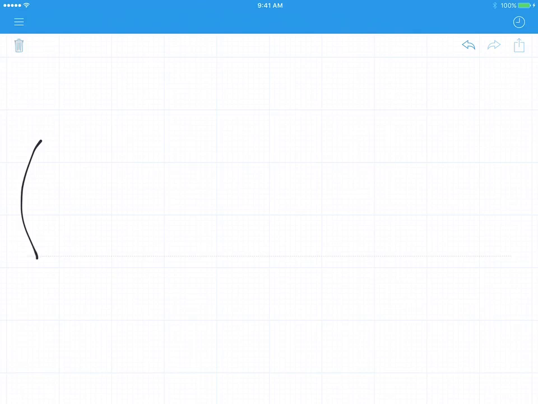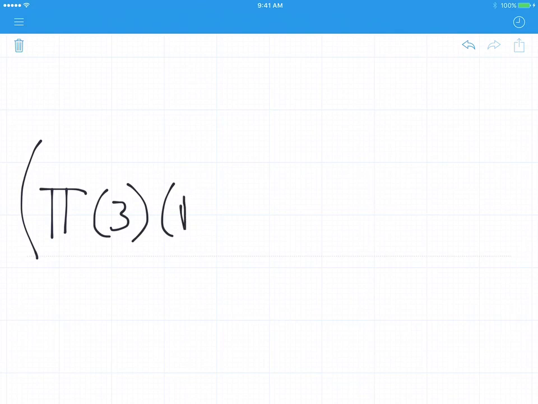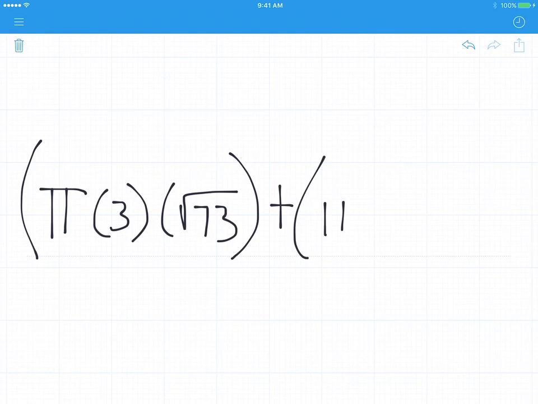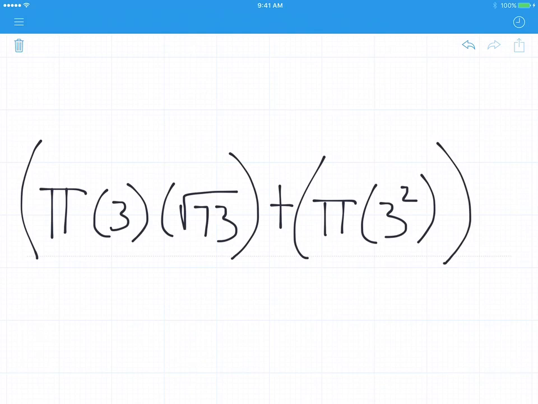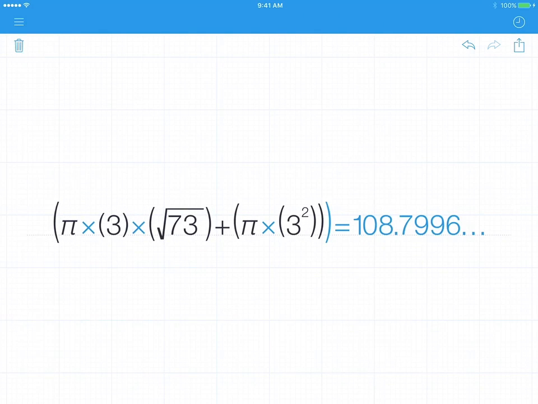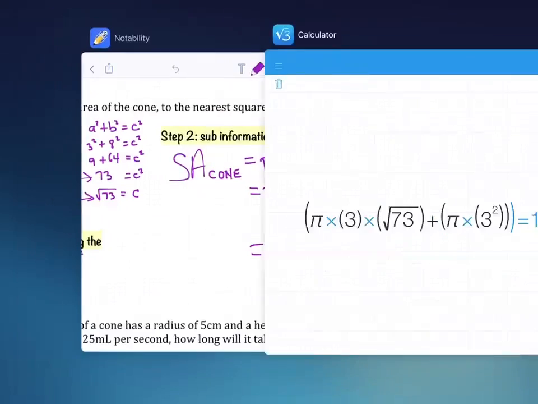So I have pi times 3 times the square root of 73 plus pi times the radius, which is that, squared. See if that will do that all for me. Perfect. And I get 108.7996, which is about 108.8.